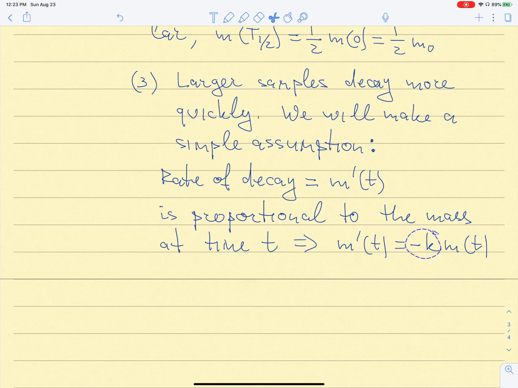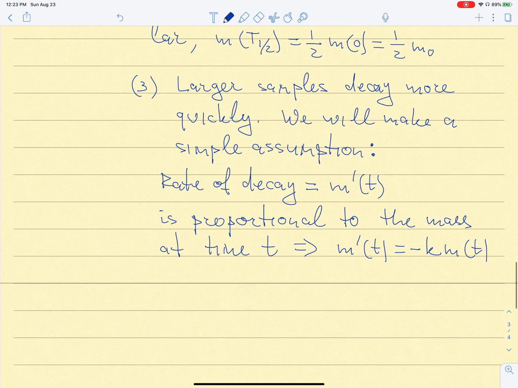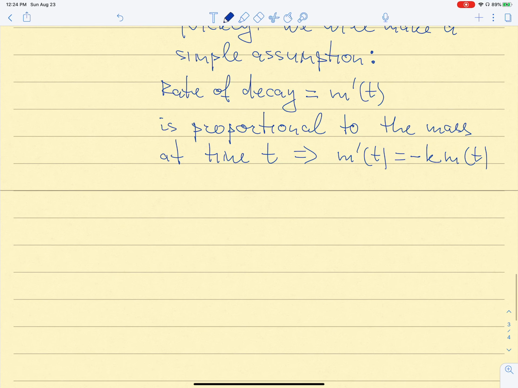And why am I using the minus sign? Because I said that the sample must always decay. So m prime always must be negative. So I put minus in front of k, and by the way, in this case we have to assume that k is positive.